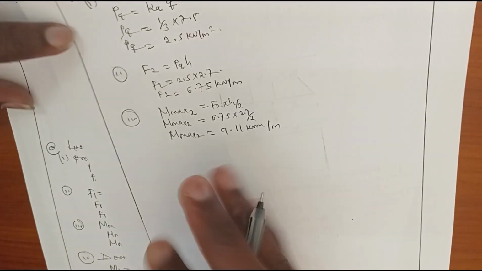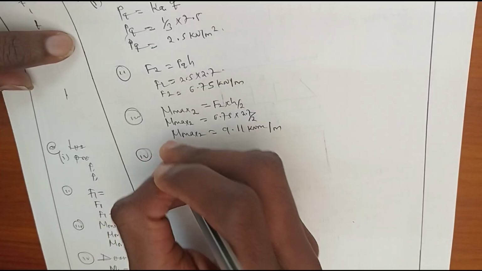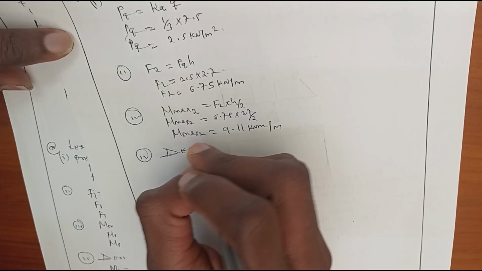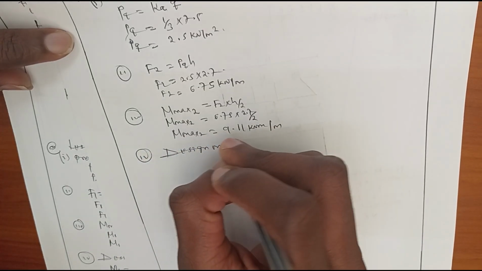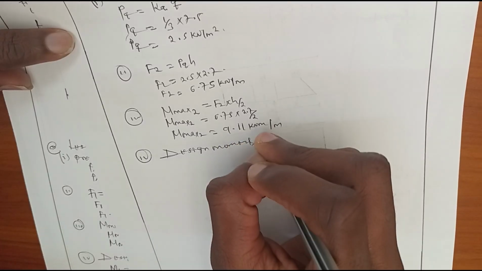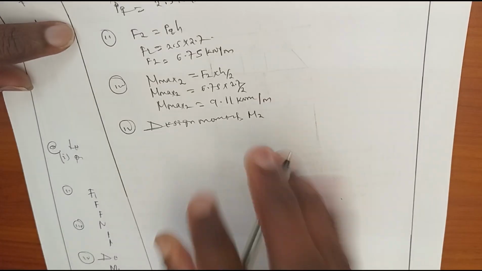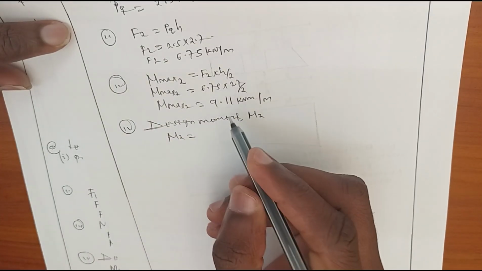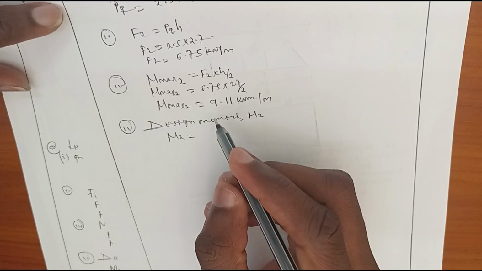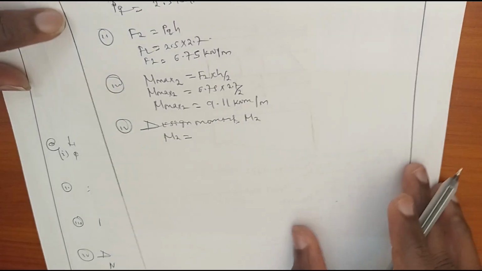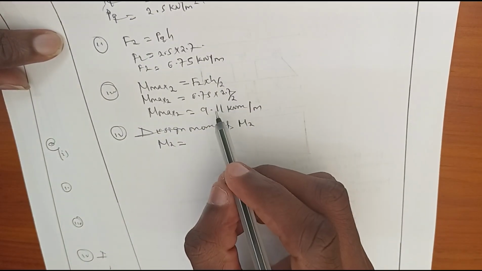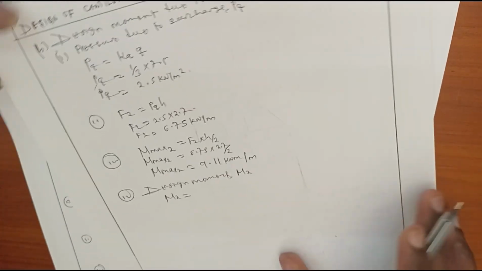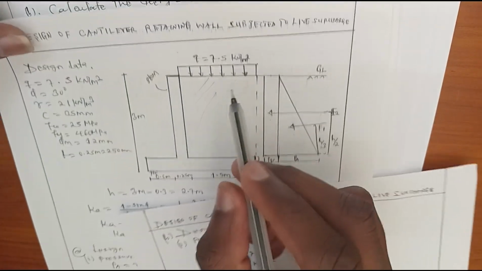The next is to determine the design moment. Design moment due to surcharge. Let's say this is moment 2. This design moment due to surcharge is obtained by taking the factor of safety due to the live surcharge times the maximum moment due to surcharge, because this cantilever retaining wall was subjected to live surcharge.